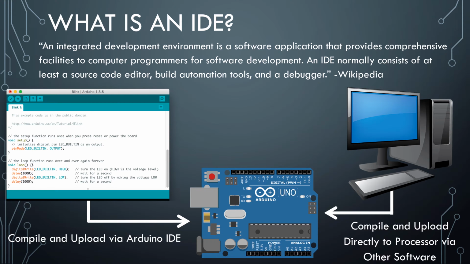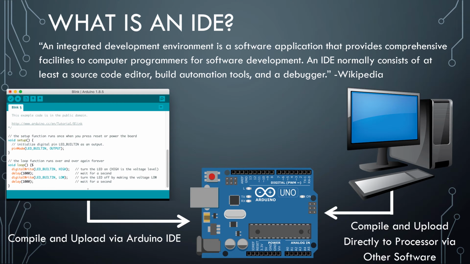Now, there is an Arduino IDE for writing Arduino software, and it is free open source software, so you can download it onto your computer and not have to pay anything for it. And so then you would use this software, this program, to write the software that you're going to upload onto your Arduino.